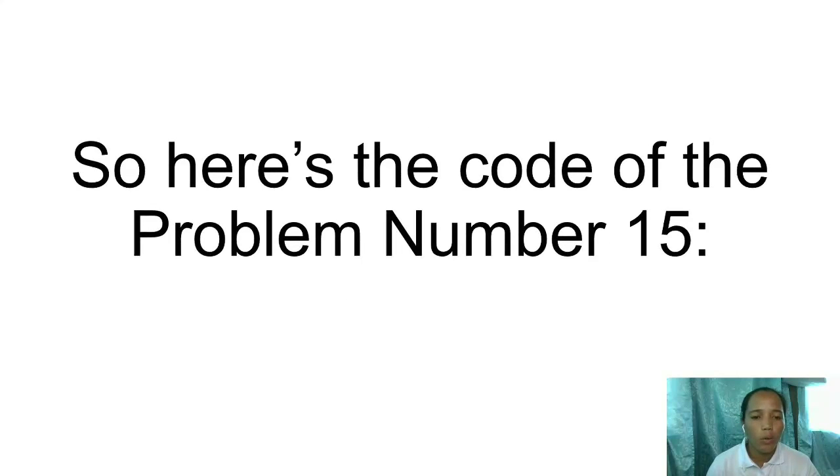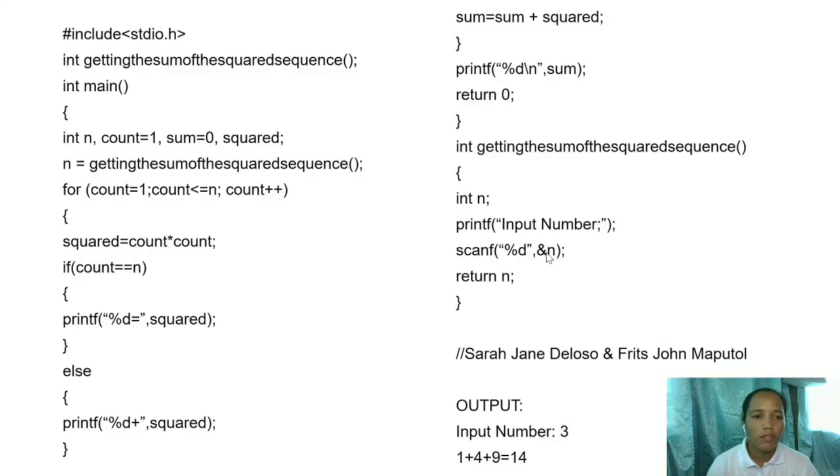So, here's the code of the problem number 15. This code is a no argument passed but a return value of user-defined functions. Okay, I have to explain now our output to better understand.